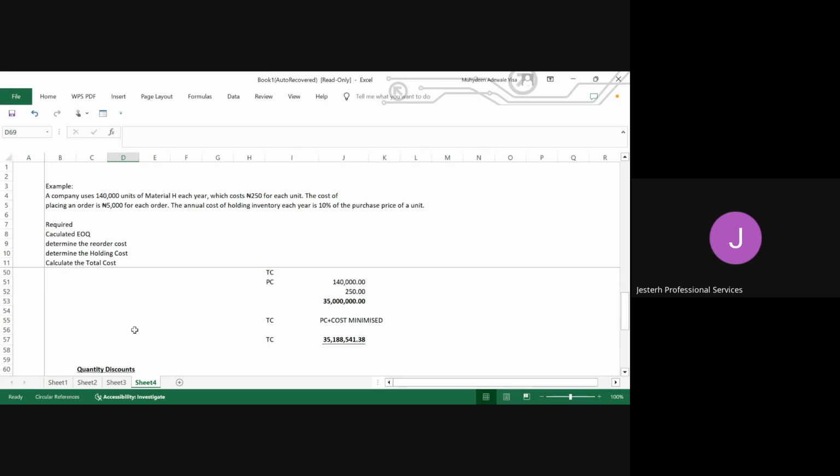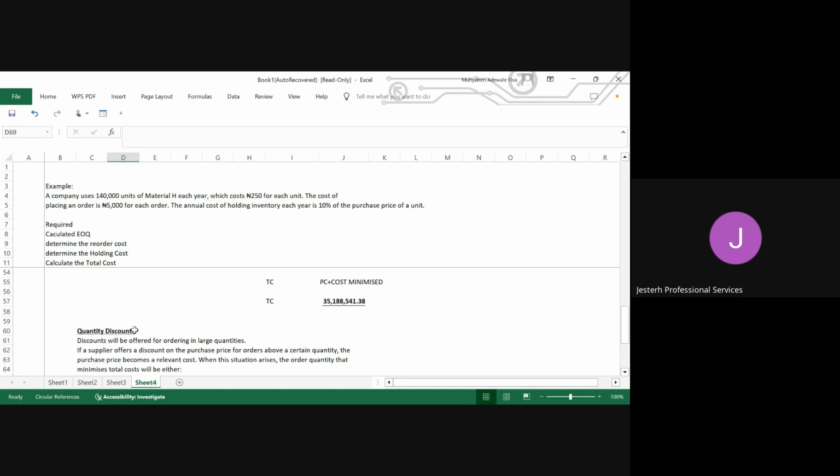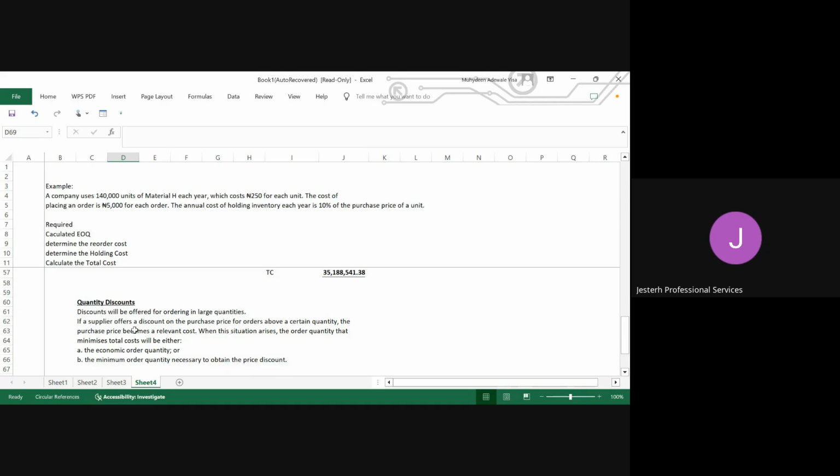And then if we decided to follow the discount approach that the supplier intends to give us, how much are we going to spend? Every organization always tries to minimize costs.